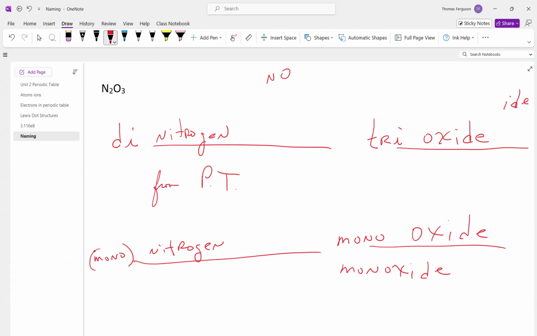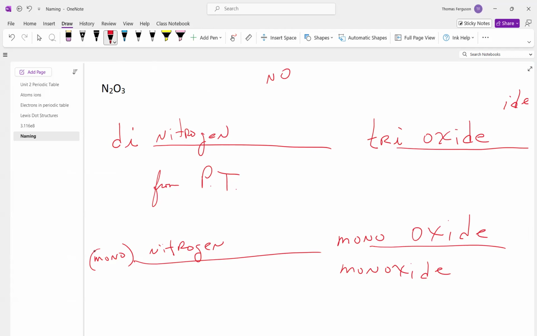Covalent. Now, the next thing is to take a name and generate a formula from it. Kind of going the opposite way. And by the way, ionic does not have any of this mono, di, tri stuff in it.